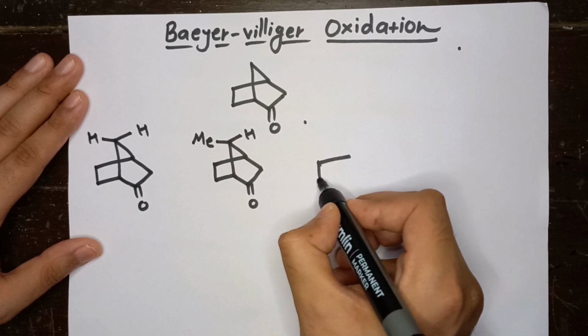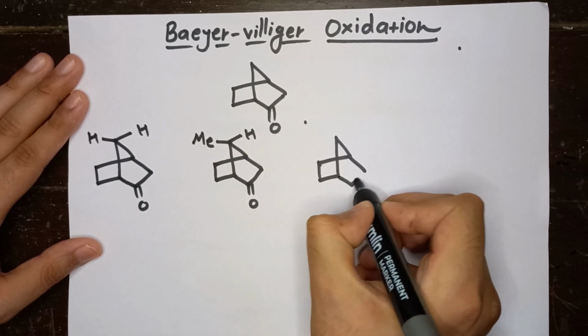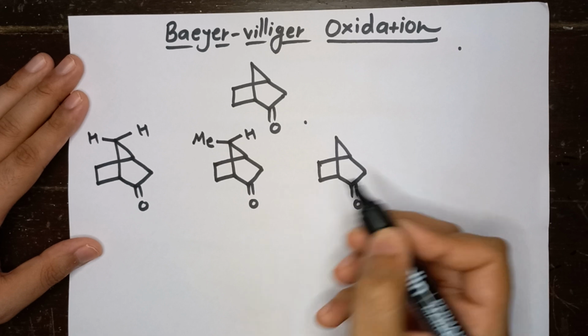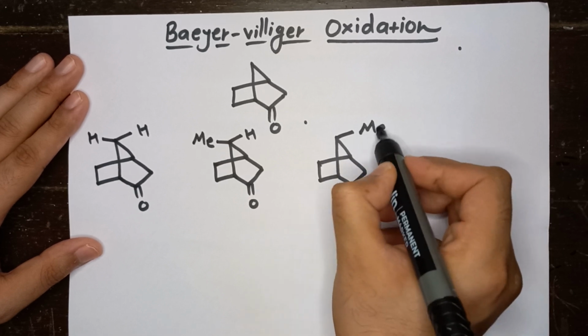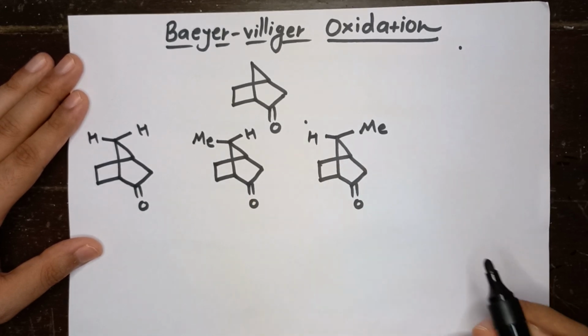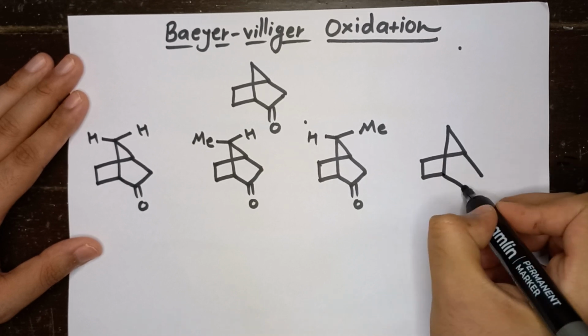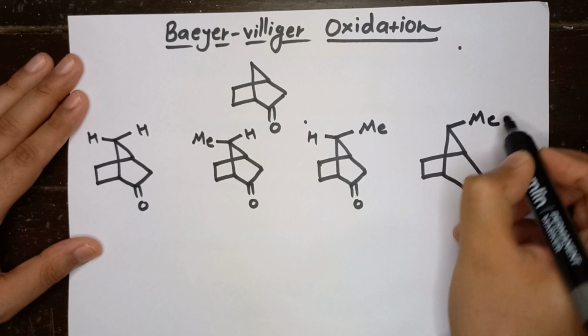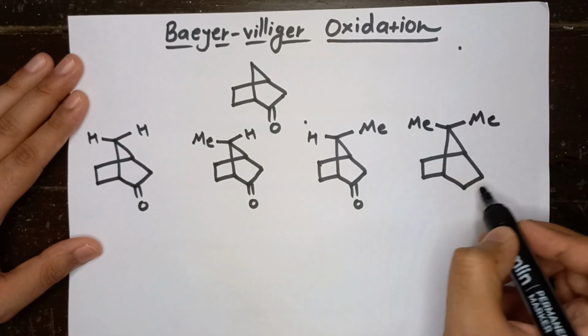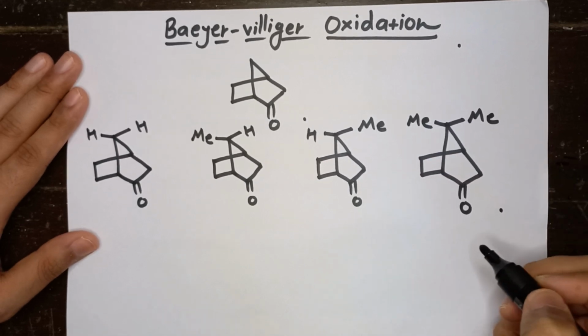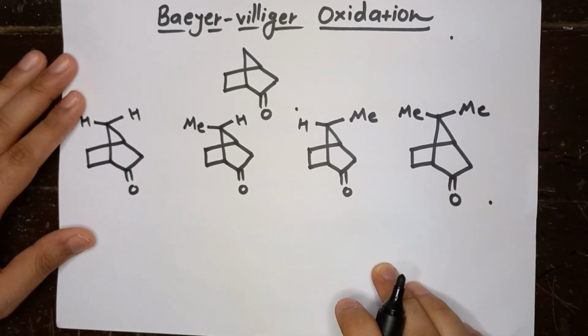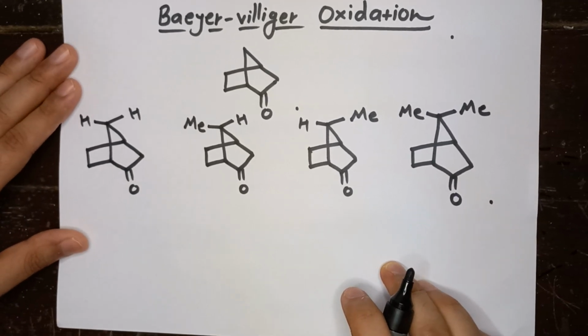The third case, we have to do exactly the opposite: methyl on the right side and hydrogen on the left side. And the fourth case is where we have a methyl group on both sides. So these are the four possibilities for this bornyl system.